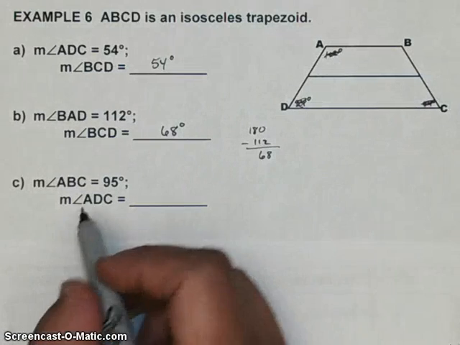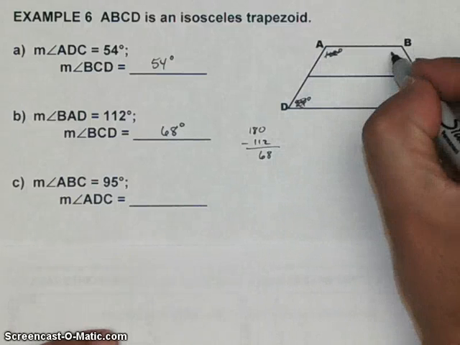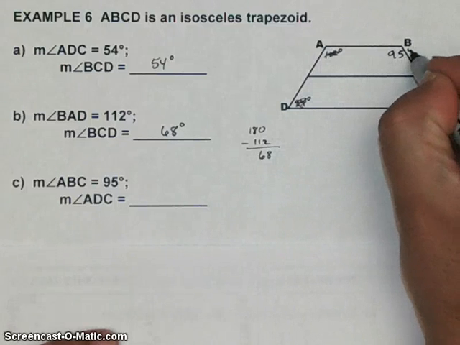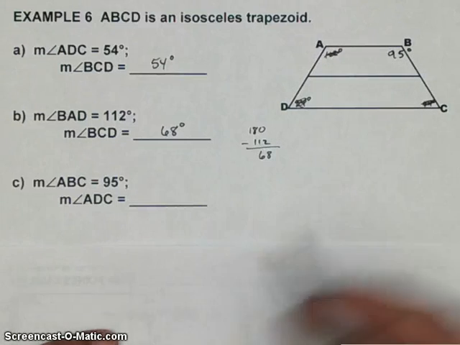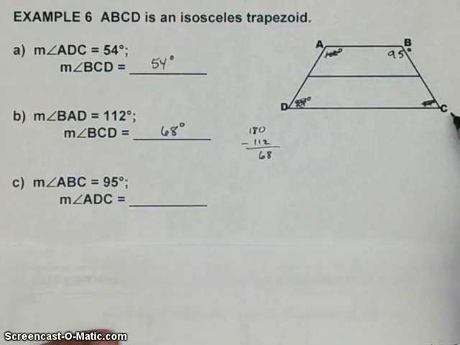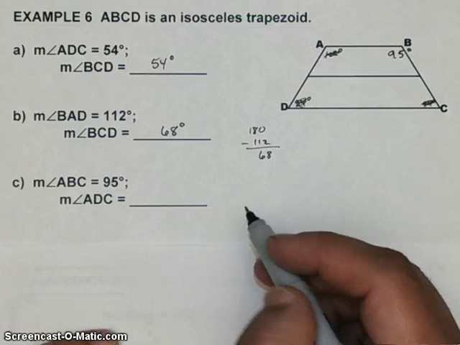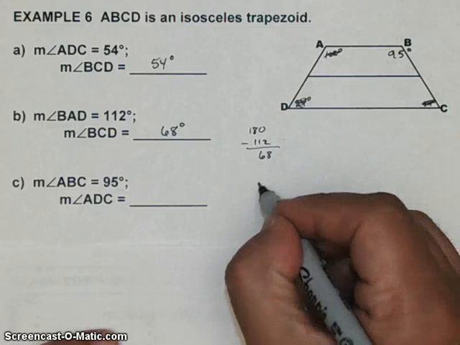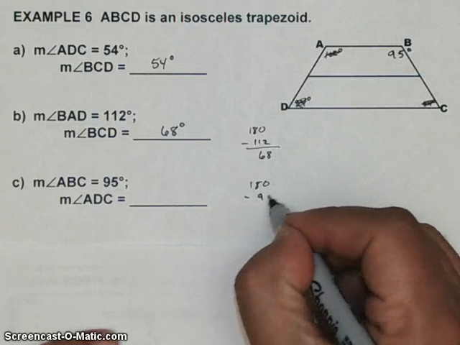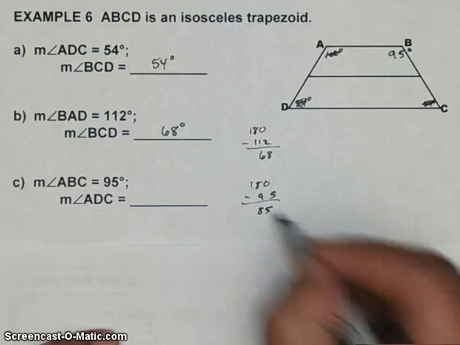Right, and then for the next example, if angle ABC is 95 degrees, then we're looking at ADC. Same idea. We're going to take 180 minus 95, and that gives us 85.